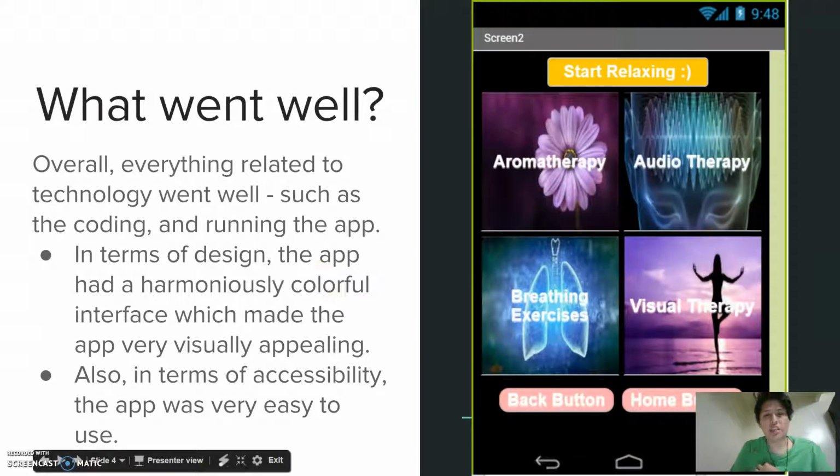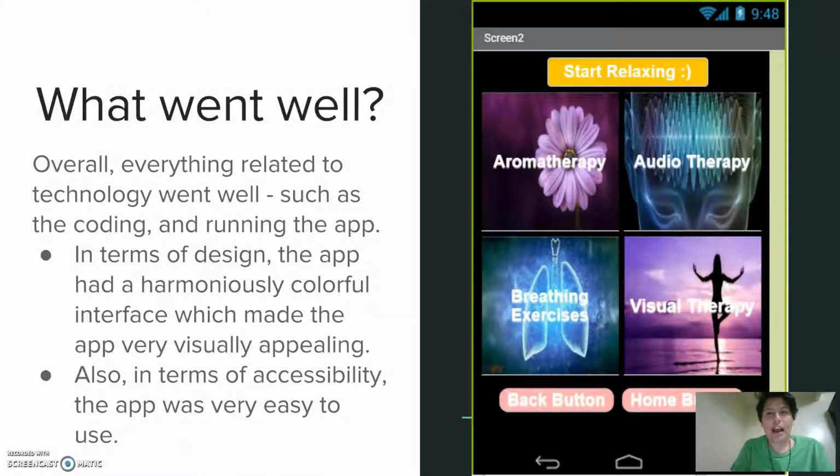I guess the best thing that went well was the coding and the design for me. I think it looks really pretty. On the right, you could see one of the interfaces in my app, and you can see that it's very balanced. The colors are very sweet. They're very harmonious. So I think design wise, I did pretty well, as well as the coding aspect.